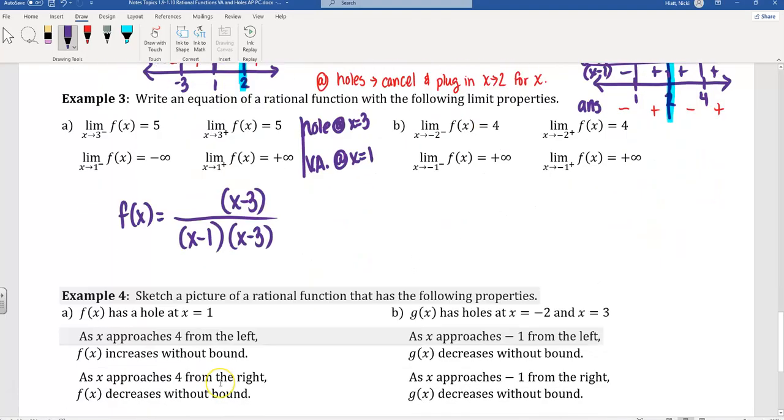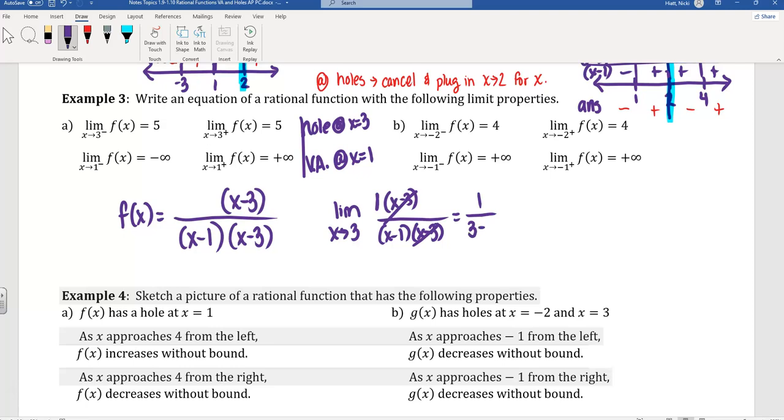So if I think of the next step, the limit as x approaches 3 of x minus 3 over x minus 1 times x minus 3. If I cancel these, I'm going to put a 1 right here, and then plug in 3, I get 1 over 3 minus 1, which is 1/2.